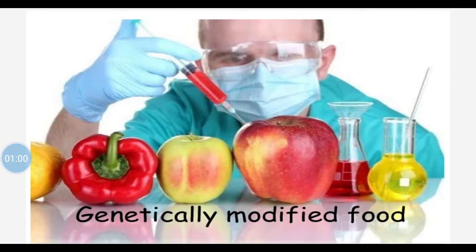Now genes play an important role in human beings also. We know we have got genetic coding, isn't it? So as we have genetic coding, similarly plants and animals also have their own genes, and these genes decide the color, the height of the plant, and all other characteristics.